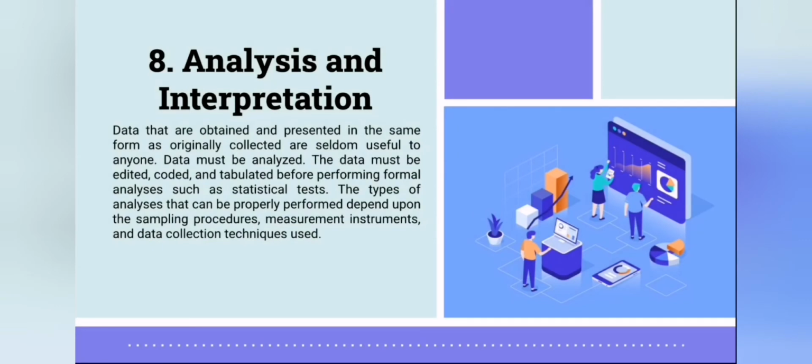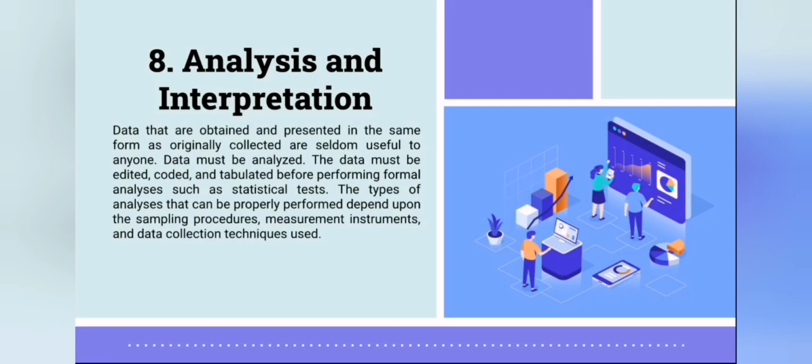Stage 8 is the analysis and interpretation. Now, the data that are obtained and presented in the same form as originally collected are seldom useful to anyone. The data must be analyzed, edited, coded, and tabulated before performing formal analysis such as statistical tests.